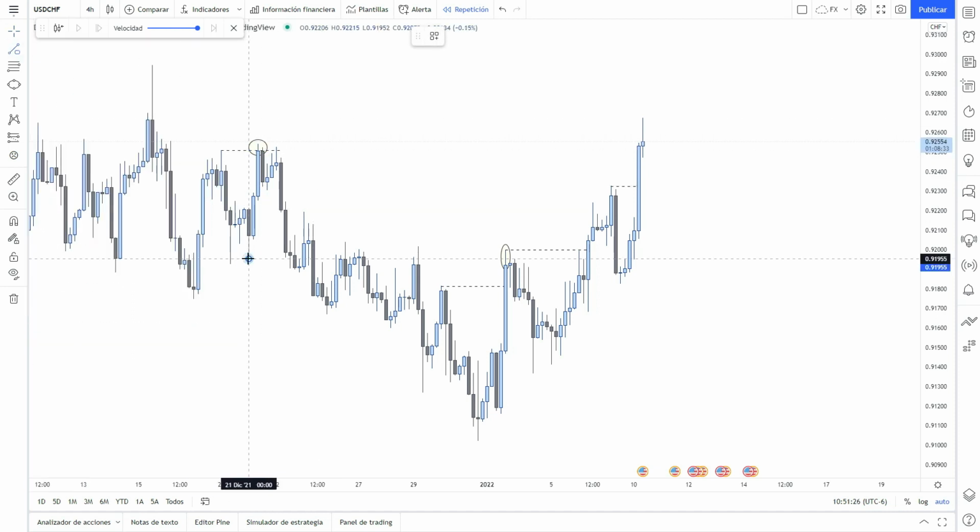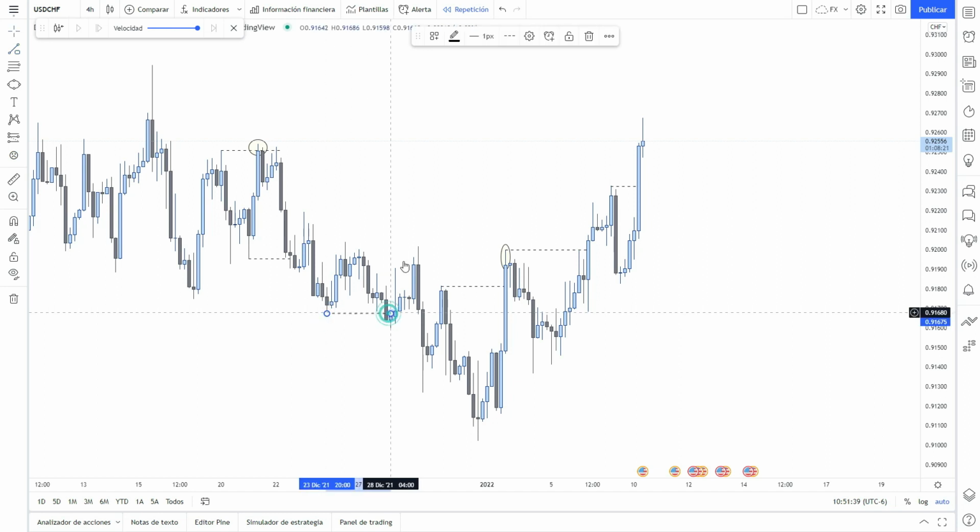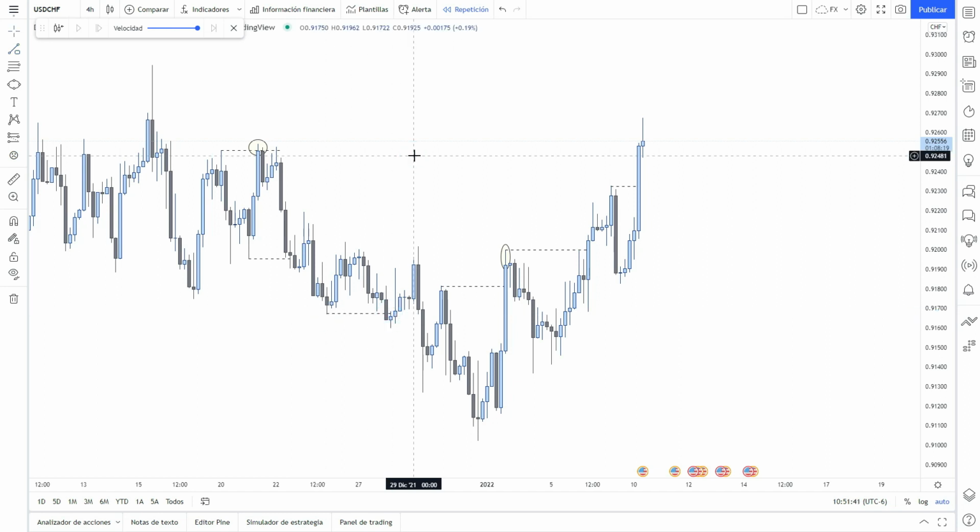It was the start of a new trend to the downside, and the breaks of the lows were made with body candles. That makes a huge difference, and this will also help us determine if we are in a healthy trend. So let's move to the next class.